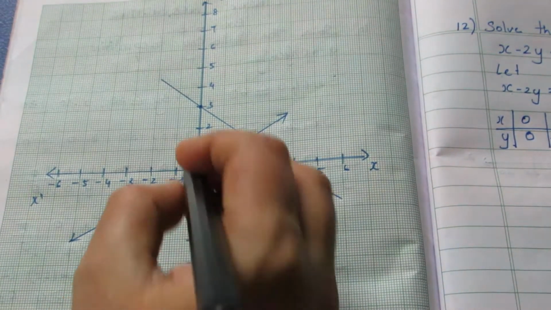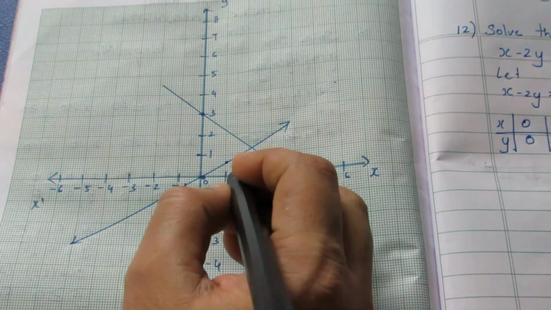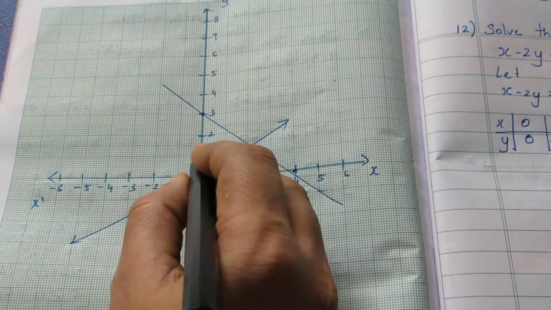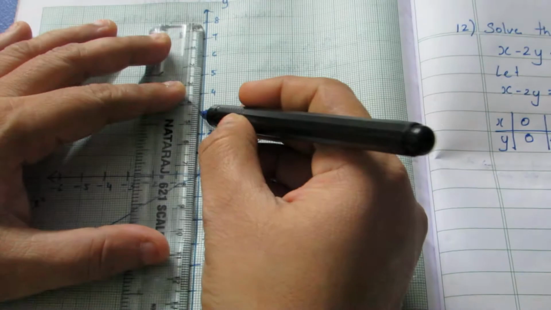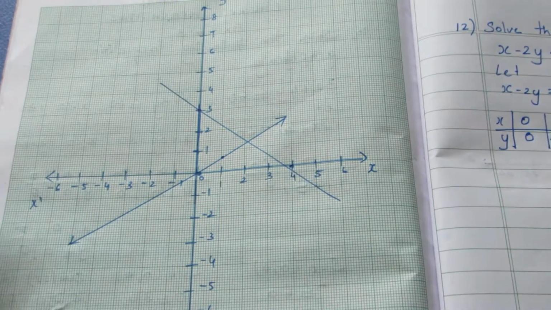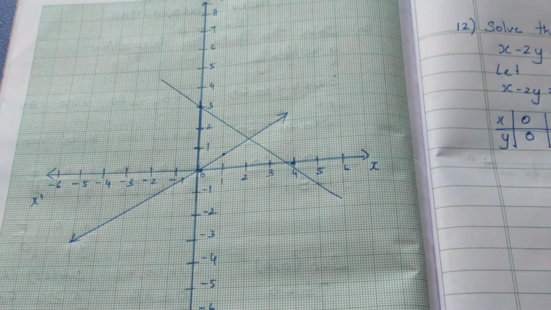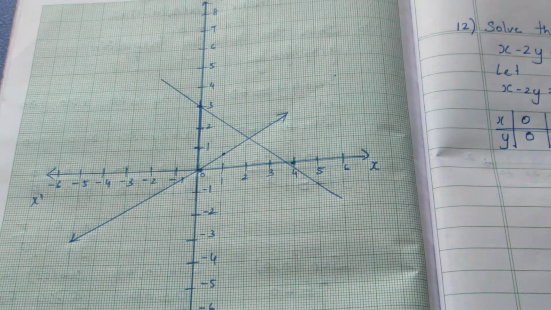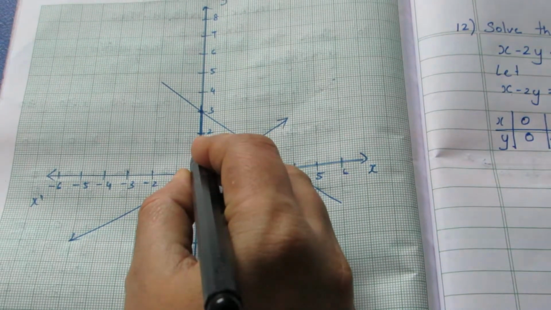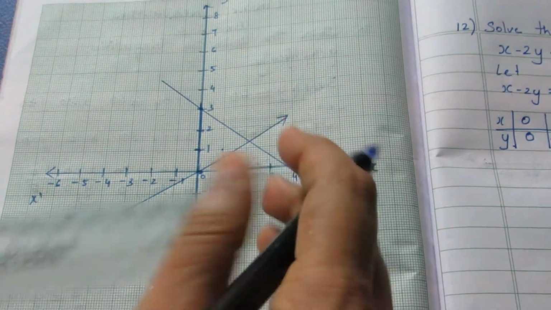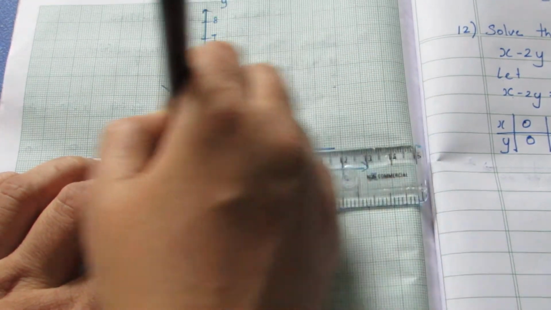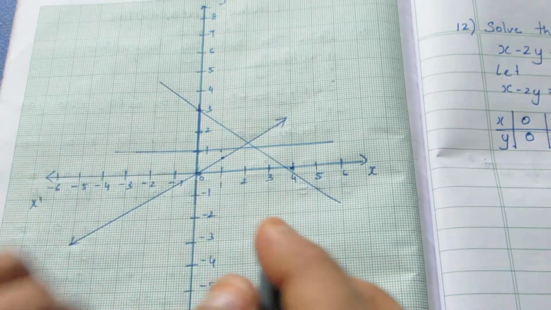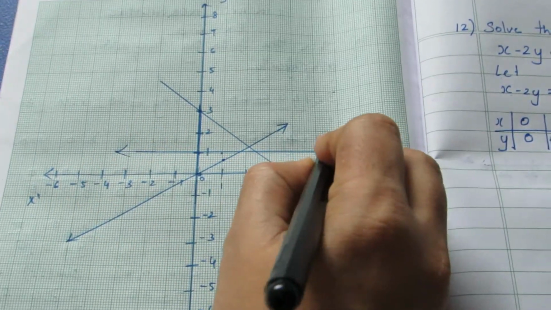For the third equation, the graph is on the y-axis. This is the fourth equation's graph.